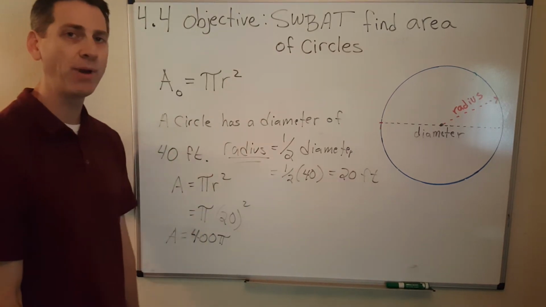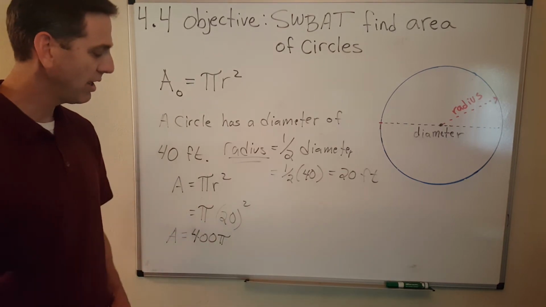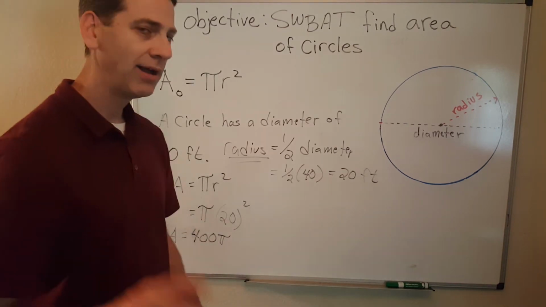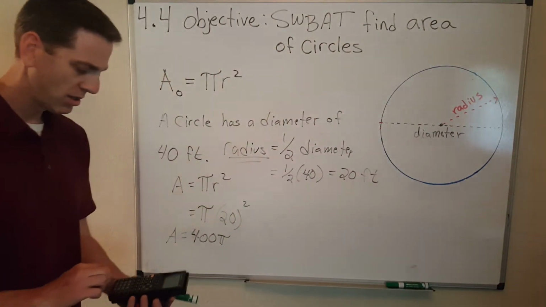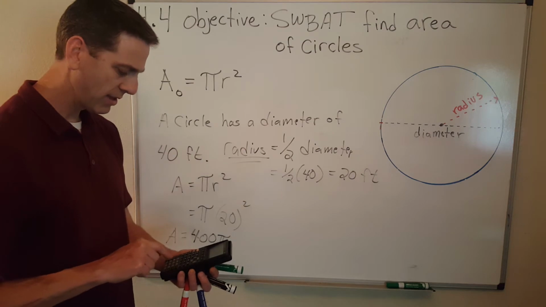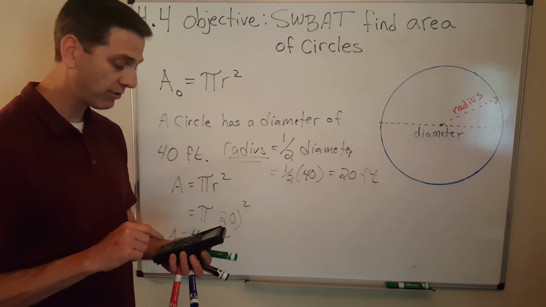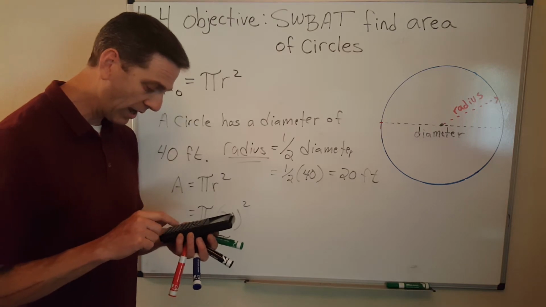Area equals 400 pi. If they want you to approximate it with a decimal, well, now we have to approximate that. And this time I brought a calculator. All right, so 400 times pi. I actually have a button on my calculator specifically for pi.